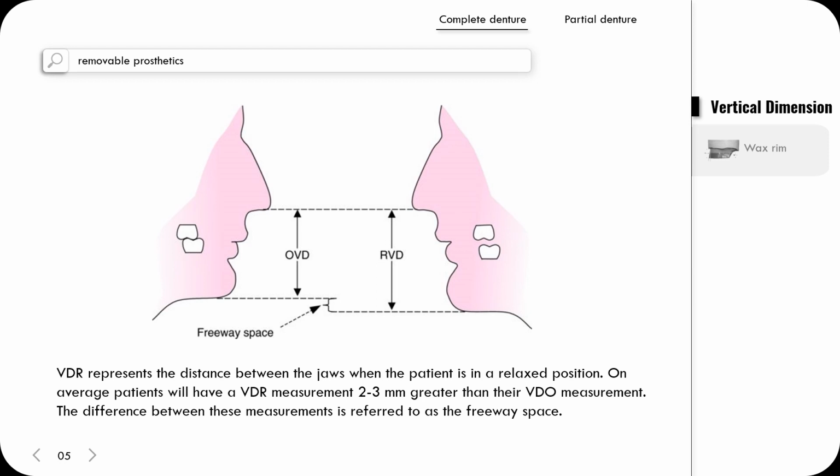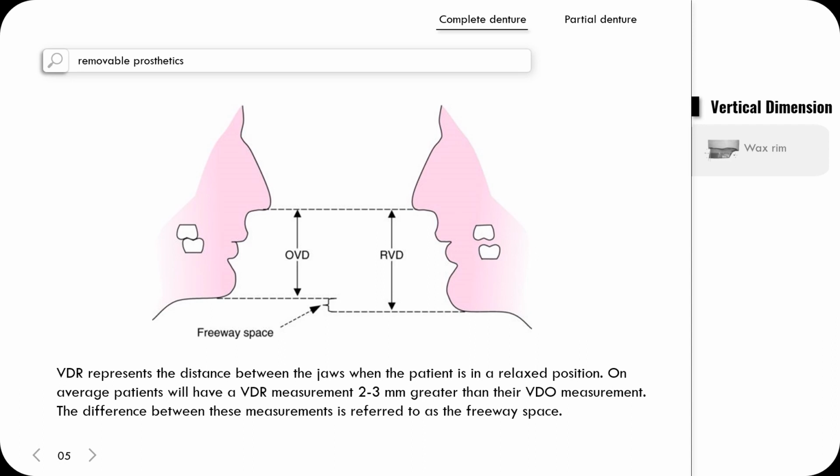So what we do know over time is that this vertical dimension of rest stays pretty consistent even when our teeth are removed and extracted. So in the denture patient, we literally don't have any teeth to obtain this vertical dimension of occlusion record, right? Because they're fully edentulous. It's not like you can ask them to close their edentulous jaws together and have it stop.